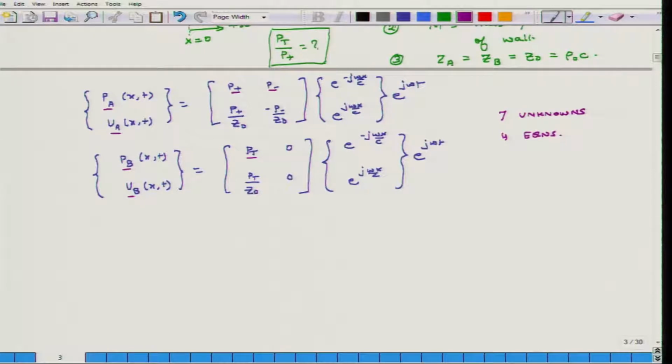If I have to just find the ratio of PT and P plus, then I have to know 2 extra conditions. So, to find PT over P plus, we need 2 extra conditions.